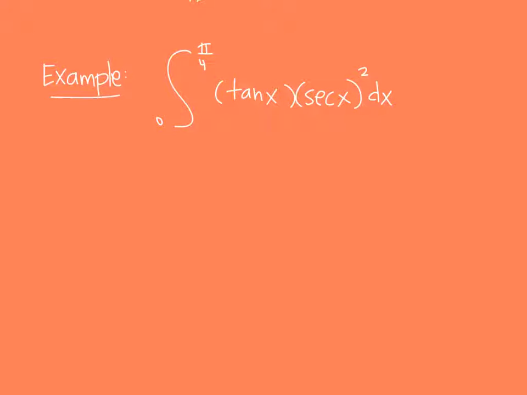Okay, it might be more advantageous for you to be able to see that right now this product is the product of a function and its own derivative. Okay, this is tangent times secant squared. Tangent and secant squared are derivatives. One is the derivative of the other, and so that might help you make your u choice. What would be the best one in this situation?